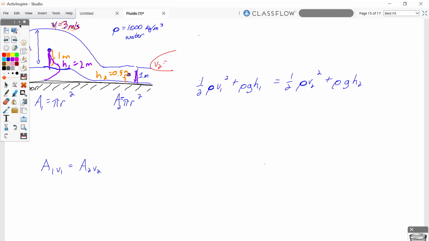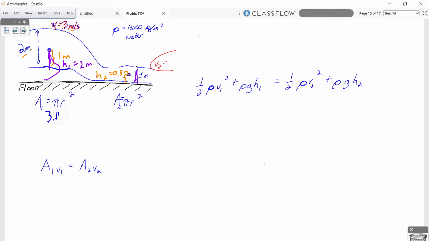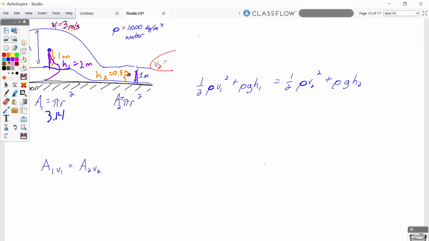So now we have actually all we need to solve the problem, because if we just go in order, we should be able to solve this. So here, pi, which we all know is 3.14, our radius is going to be 1. Our radius right here is 1, okay? Same thing here, 3.14.